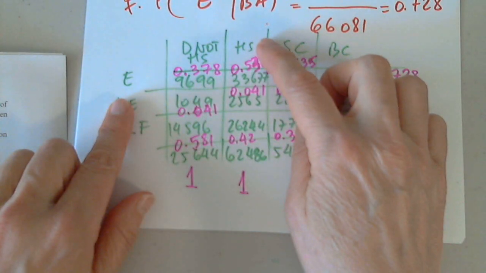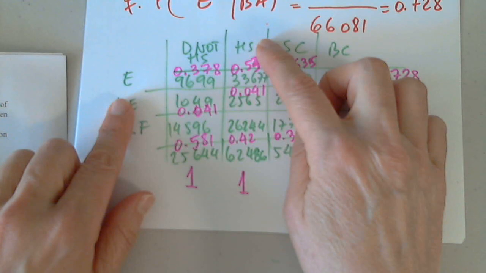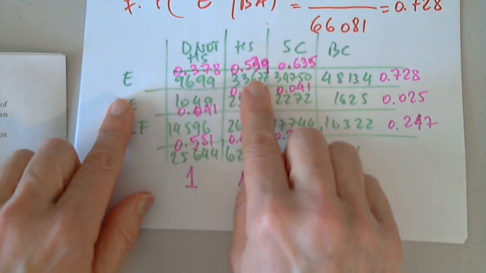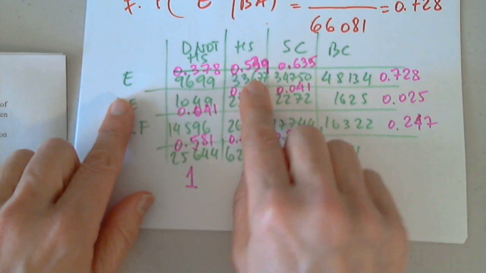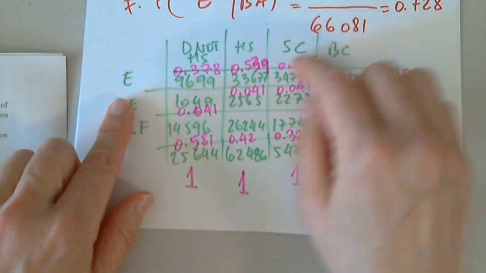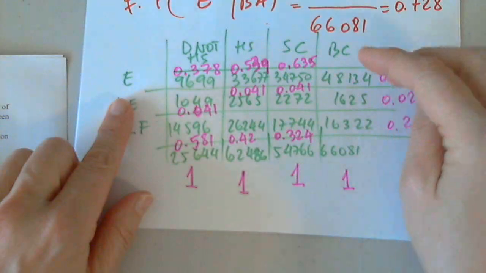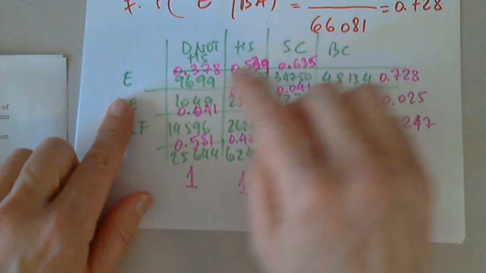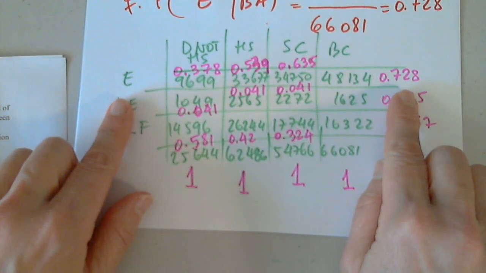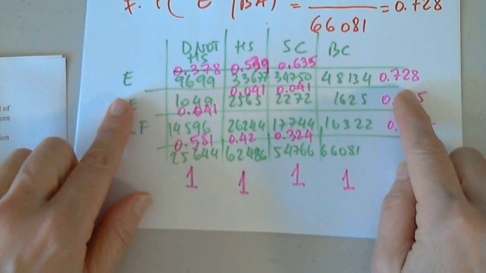For those who finished high school and are employed, 54%. Those who have some college and are employed, 64%. And those with a bachelor's degree and are employed, 73%.